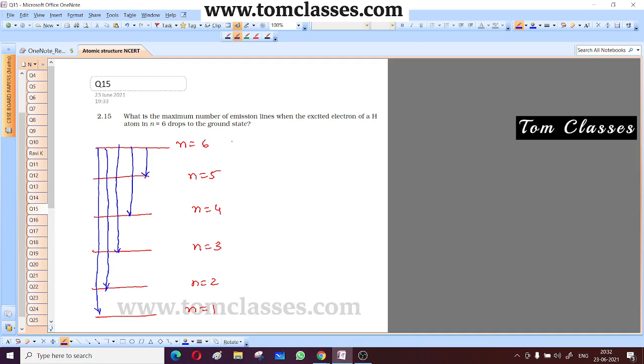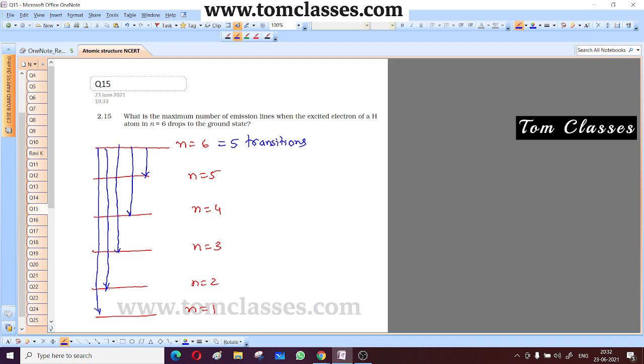So these transitions are 1, 2, 3, 4, 5. So there are 5 transitions for this, right? Yes, there are 5 transitions.